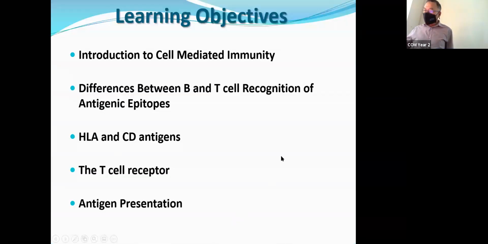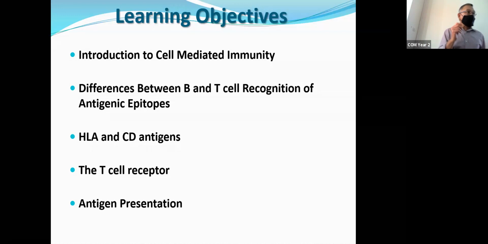So basically, the objectives of this lecture are to introduce cell-mediated immunity as brought about by T lymphocytes, and to talk about the differences in the mechanism of recognition and the targets between what an antibody recognizes and what a T cell recognizes. The difference lies in the fact that T cells need to recognize antigen presented by surface structures called MHC antigens.